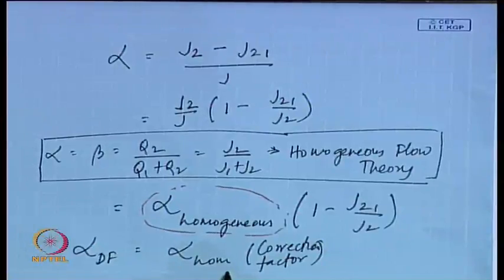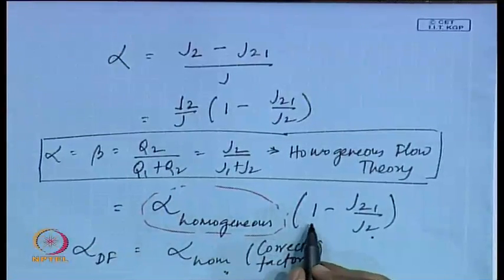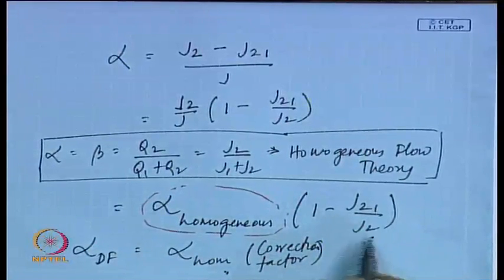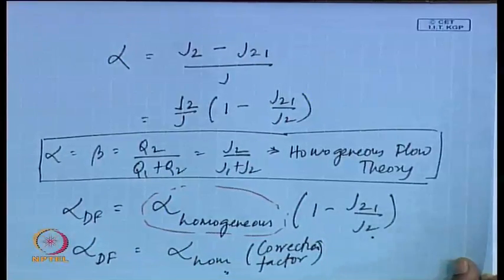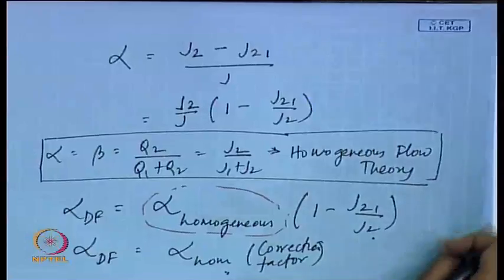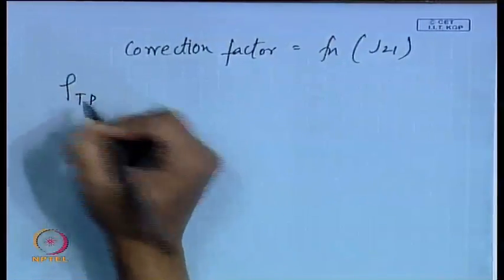This is basically what it does. It modifies the expression obtained for alpha homogeneous in this way: we simply multiply alpha homogeneous with 1 minus J21 by J2, and we get the corrected alpha for the actual situation. In a similar way, if we take up, say, the mixture density rho TP.